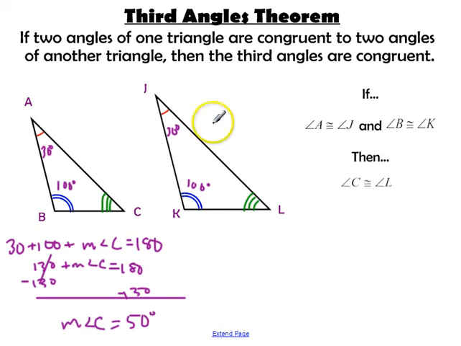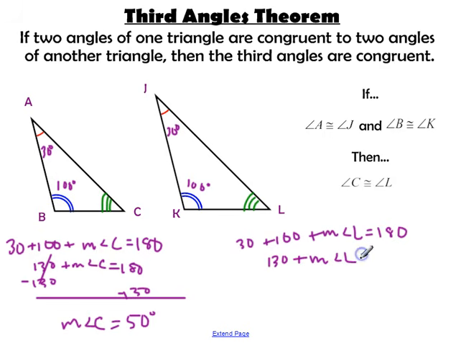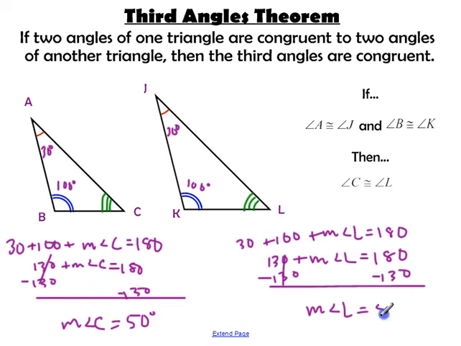Now let's do the same math work with this triangle. We have 30 plus 100 plus the measure of angle L equals 180 degrees. 30 plus 100 is 130 plus the measure of angle L equals 180. And then when we subtract 130 from both sides, we have the measure of angle L equals 50.